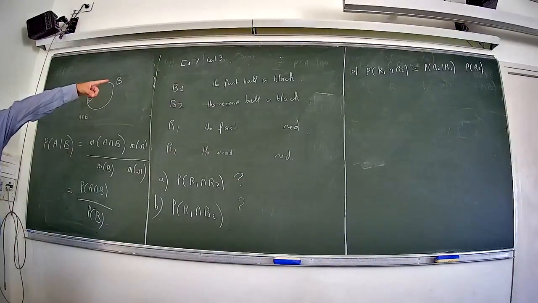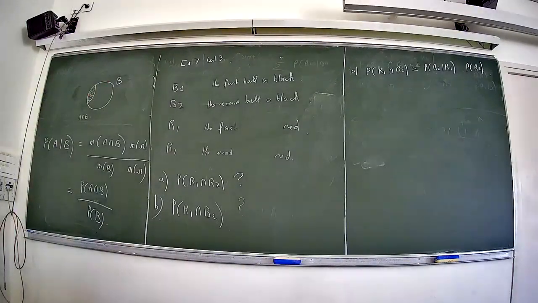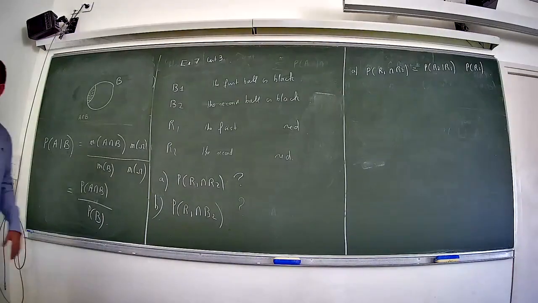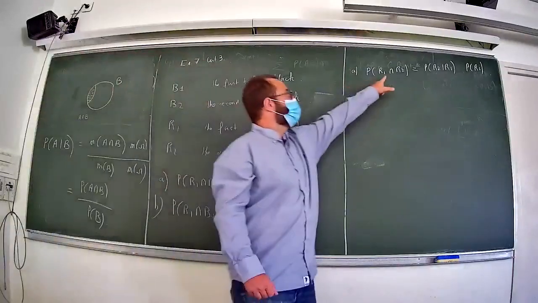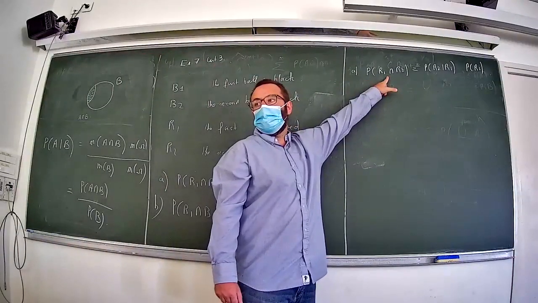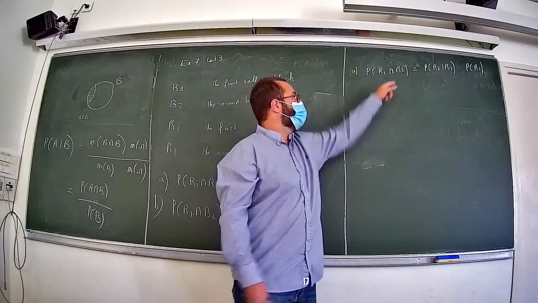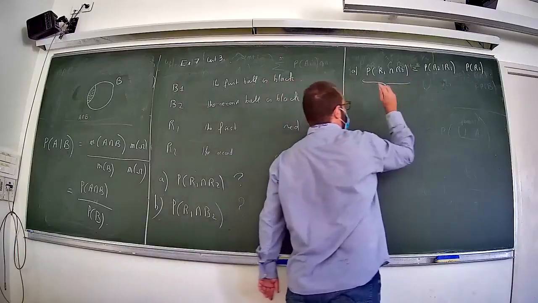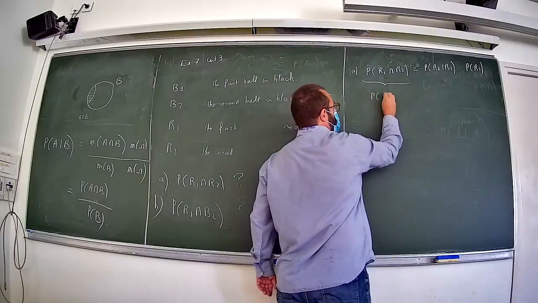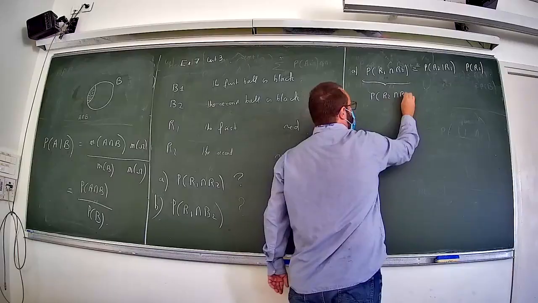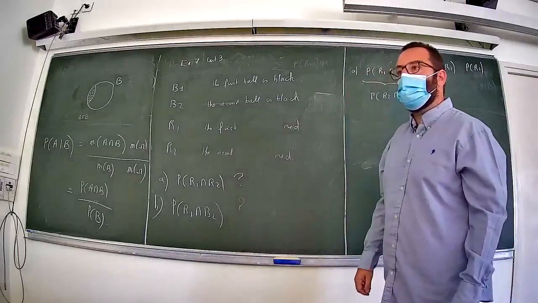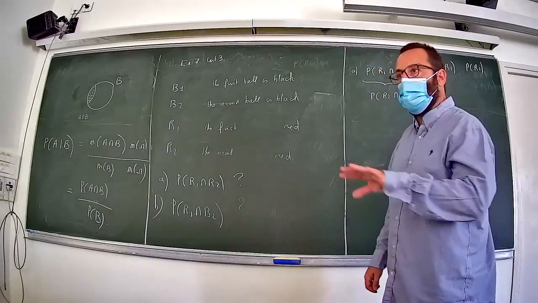Is the order okay? I don't mean the order in this one. The first one is P of R1 intersection. No. Here, this one, so I answer in two steps. When you do an intersection, okay, the order doesn't matter.